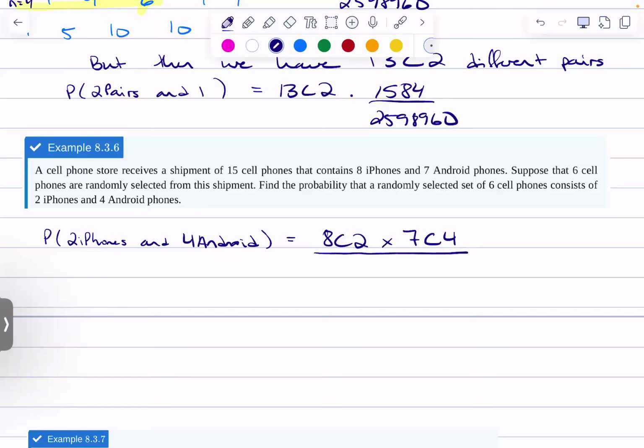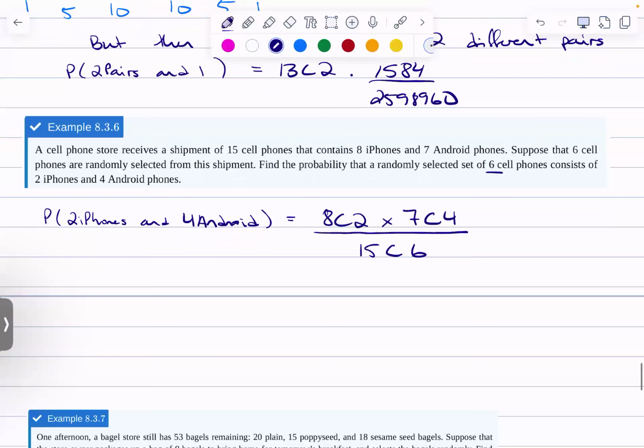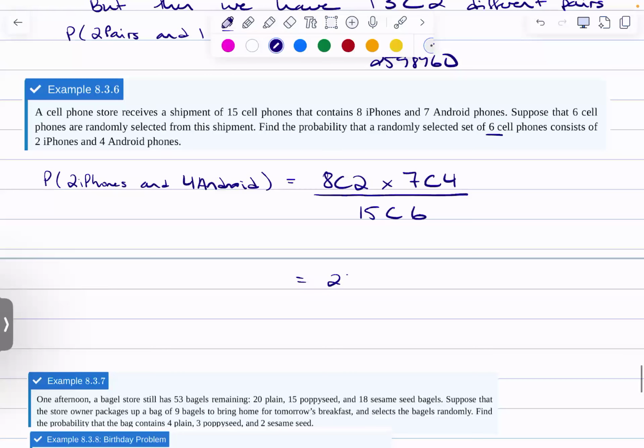Now, before, we were figuring out how many total possibilities there were before we started the problem, but this is just one problem. So we can just do it in the denominator. Out of 15 cell phones, I need to choose a set of 6. And like before, I encourage you to just use your calculator. 8 choose 2 is 28. And 7 choose 4 is 35.